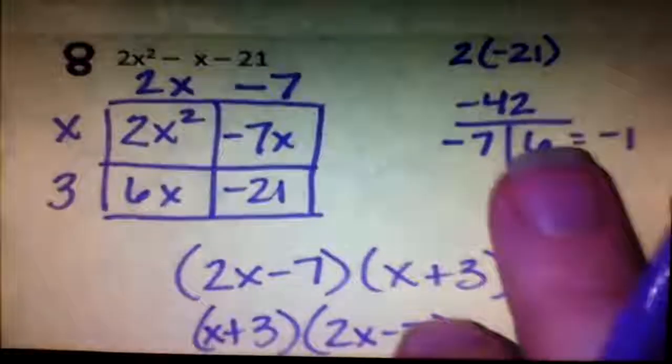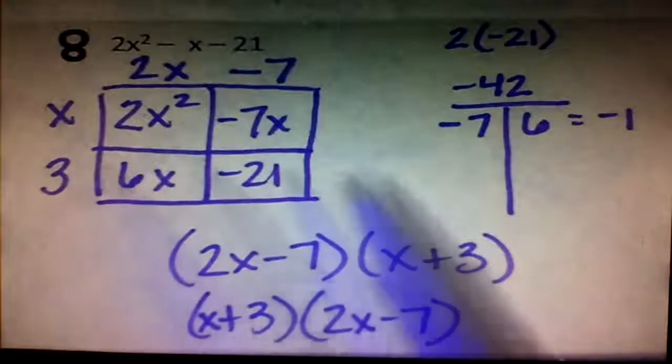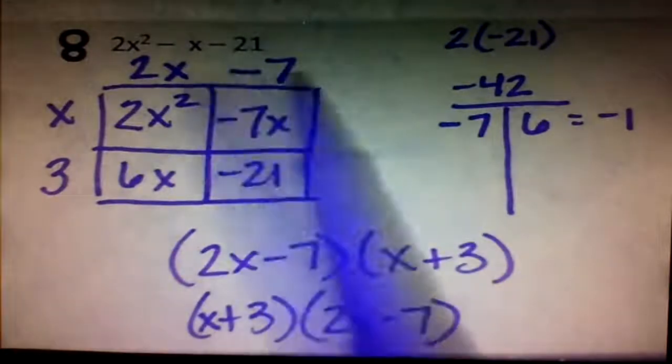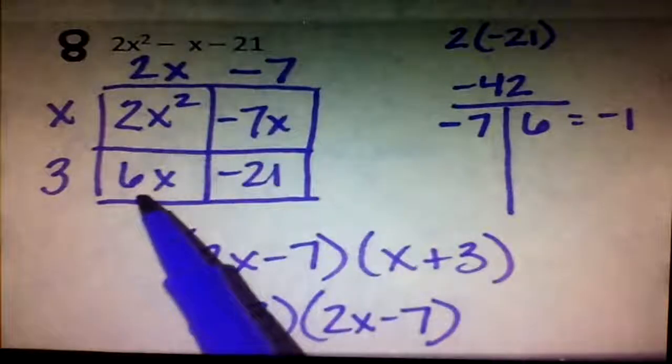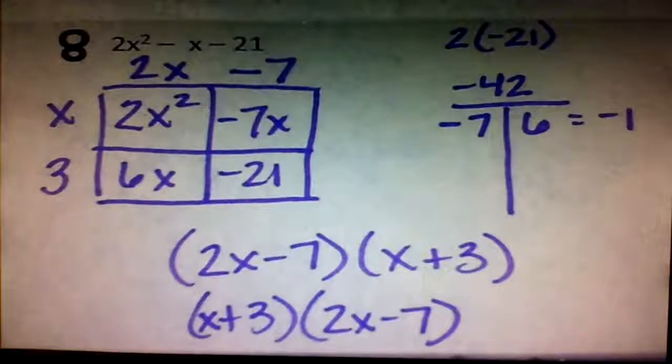2x minus 7. Well, it depends wherever you put your stuff. If you put your 6x here, your x plus 3 is on the top. If you put your negative 7 here, your 2x minus 7 is over here. So, guys, depending on where you put your factors, yours might look different as well.